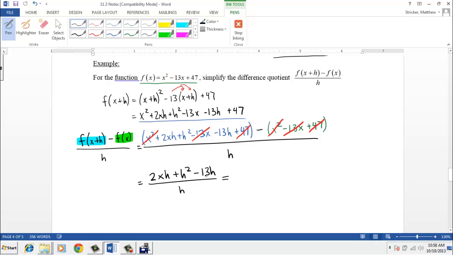We can pull a common h out of the top. Factor out h, we're left with 2x plus h minus 13 over h. And what can happen there? The h's cancel. And if you do the difference quotient right, the h on the bottom will always cancel with an h on the top. So our final answer here is 2x plus h minus 13. And that does it. All right, thank you for your time. I will see you in class.